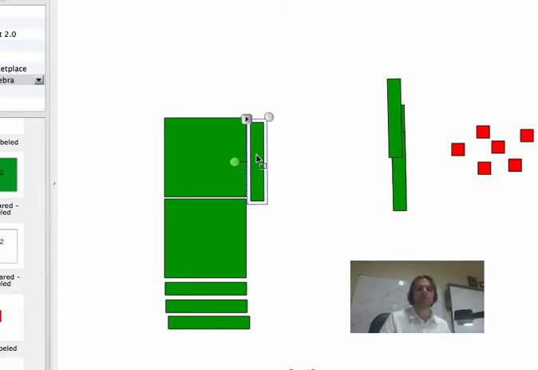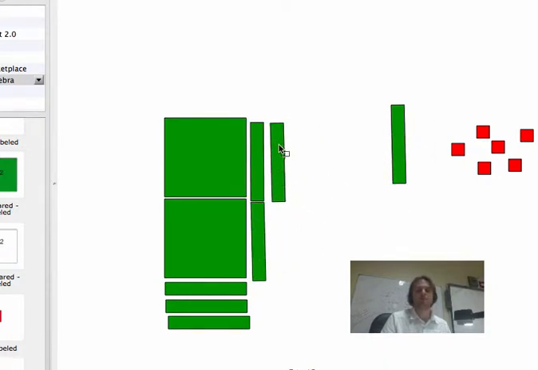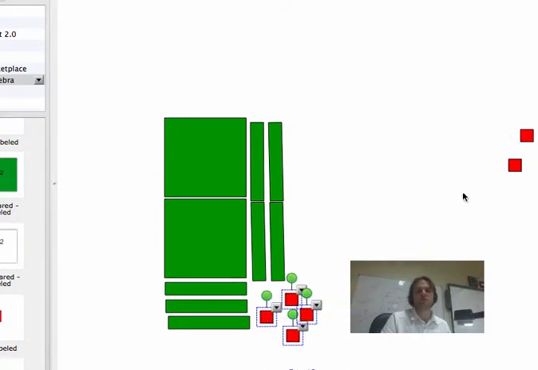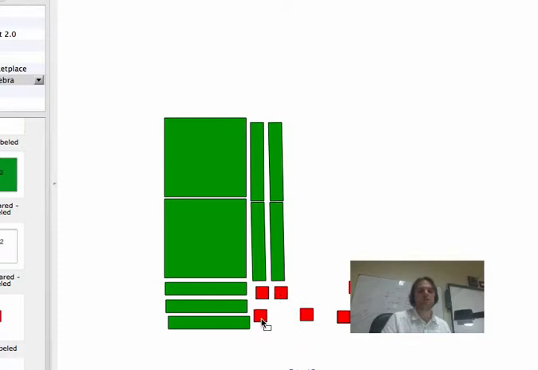There we go. I'm just going to continue moving these around. There we go. And eventually we get our rectangle, which looks just like this.